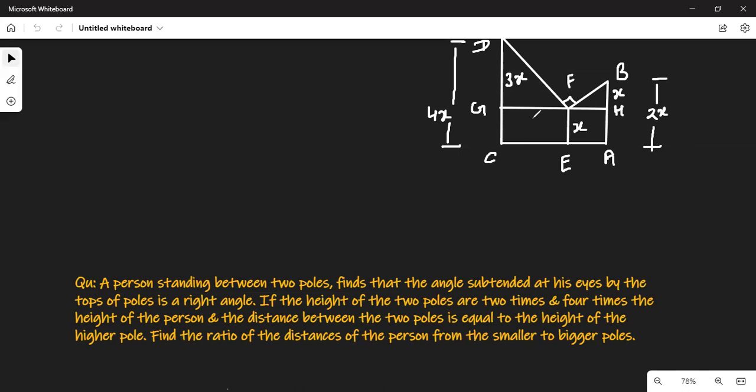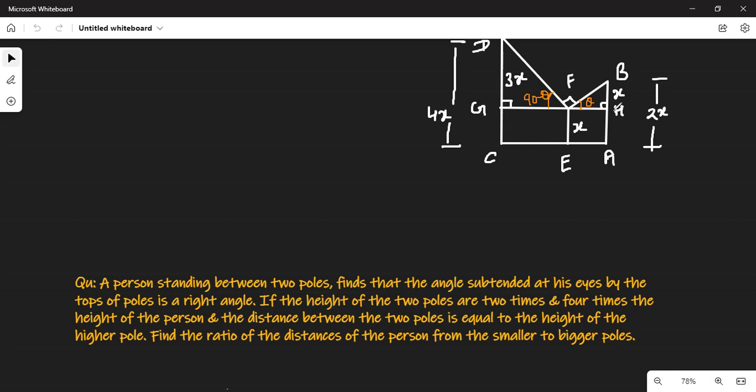Yes, now this is 90 degrees, so is this. If we assume that this angle is theta, since this is a straight line, this angle is going to be 90 minus theta. Is that correct?